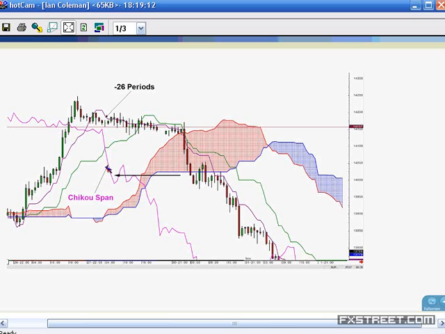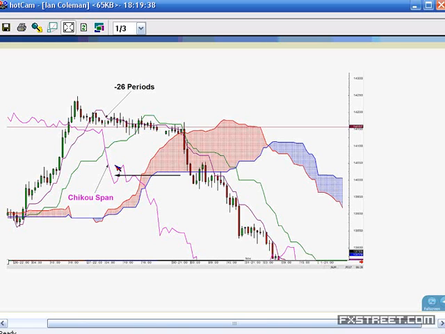What we have to be wary of is this Chiku span level line. If 26 periods before there is a large cloud base here, and this Chiku span line hits the cloud base, there is a good chance that this will be a false breakout, because it's not just the cloud here in live price action that acts as support and resistance, it's also off the Chiku span level.